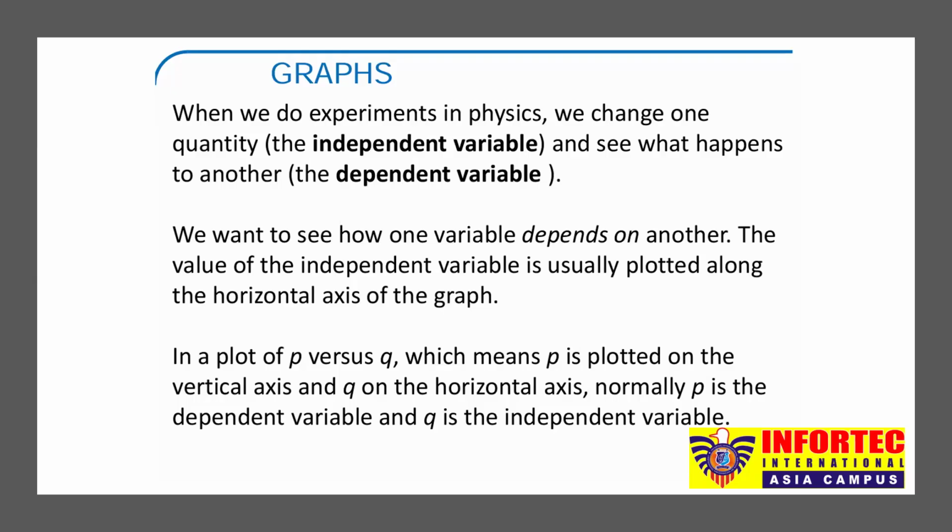Sometimes we take P versus Q. That means in a plot of P versus Q, P is plotted on the vertical axis and Q on the horizontal axis. Normally, P is the dependent variable and Q is the independent variable. P is the y-axis and Q is the x-axis. In a plot we can name it P versus Q. It means P is plotted on the vertical axis and Q on the horizontal axis.